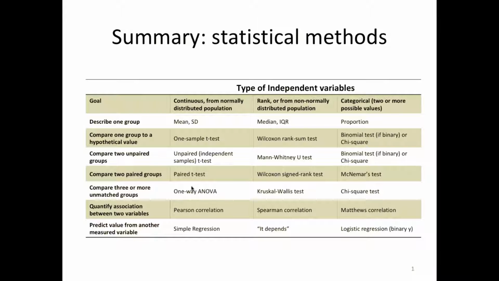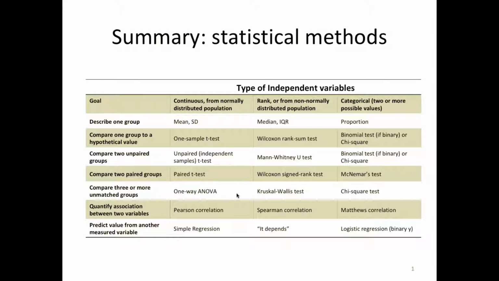Well, how about if we only are dealing with categorical variables? In other words, situations where we want to compare whether males or females are more likely to be left-handed, right?